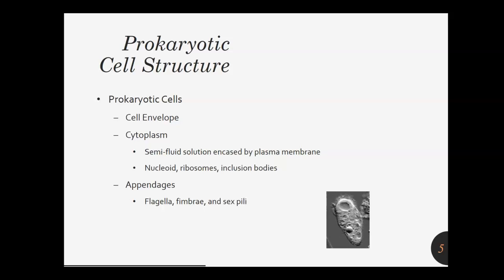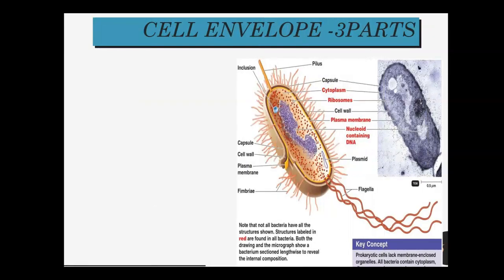Then the cytoplasm is the fluid portion of the cell. This is where we're going to find the nucleoid, ribosomes, and possibly some inclusion bodies. Finally, this guy also has appendages: the flagella, the fimbriae, and the sex pili. We'll look at each one of those individually.